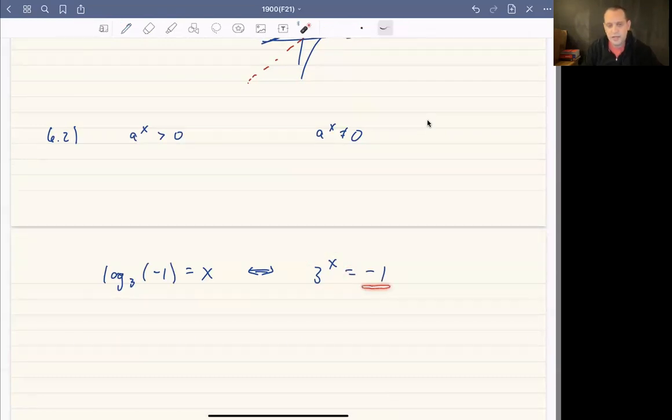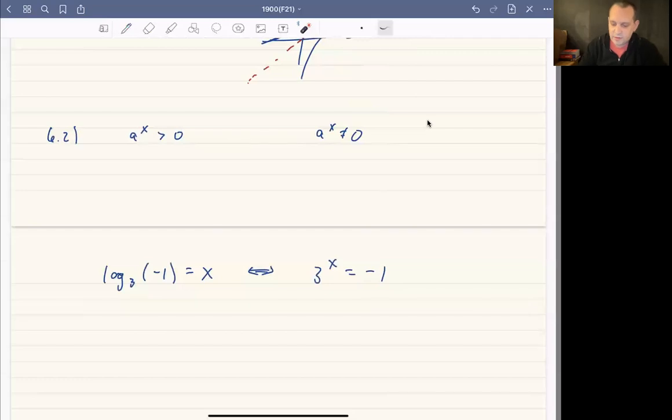And in particular, it can't ever be -1. It can't be any negative value. It can't even be 0. And so this is basically an argument that tells you why the input for logs has to be positive only. And that's because logs are exponents, and we know exponential functions have to be positive. Okay, and so that's that.